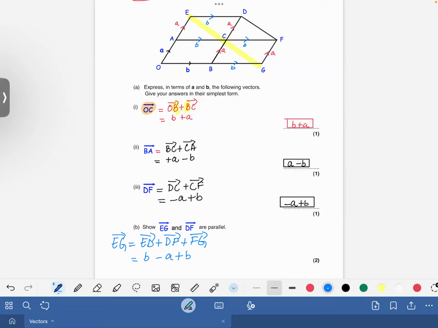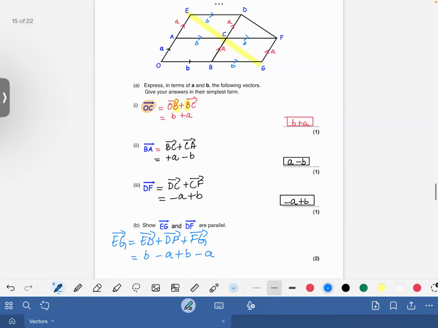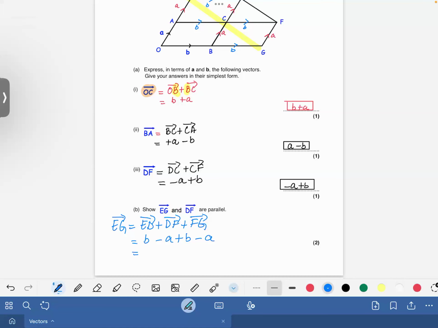And what is FG? सोचो, FG, F से G, देखो, नेगेटिव ए. it's negative A, not positive A, ठीक है? So B minus A, okay, B plus B is 2B, or minus A is minus 2A, okay, that's EG.